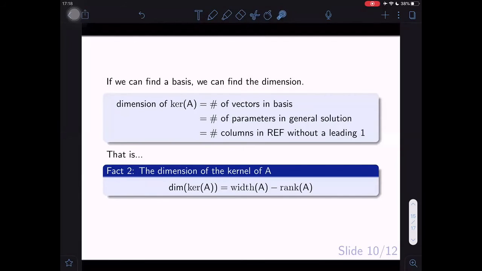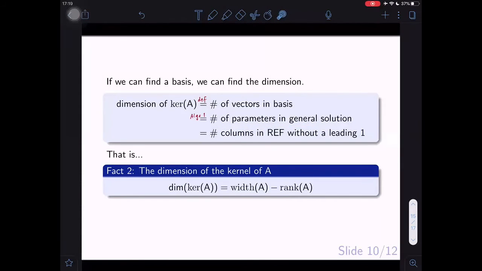Sometimes we're only interested in finding the dimension of the kernel of a matrix without needing to come up with a particular basis. So by definition, the dimension of the subspace, the kernel of A, is the number of vectors in any basis. Algorithm 1 shows that this is the same as the number of parameters in a general solution.